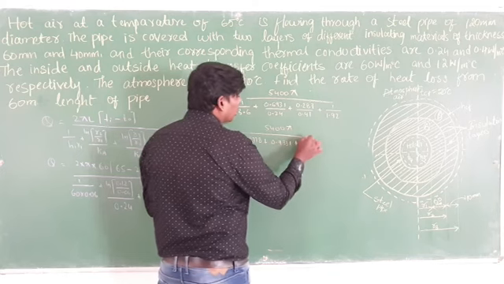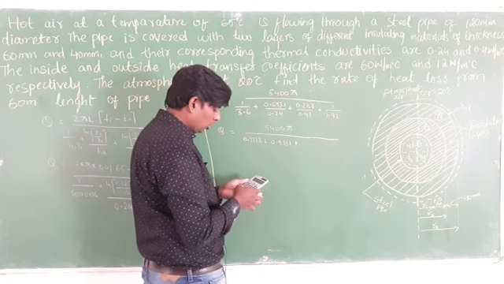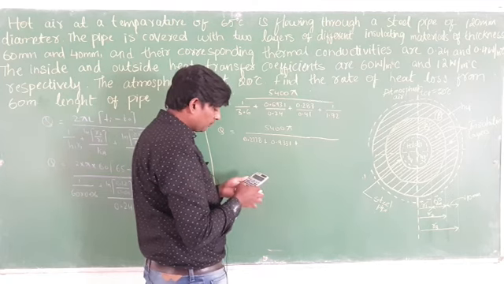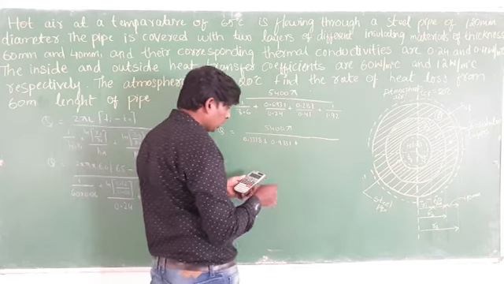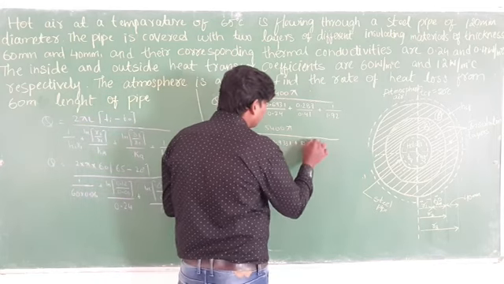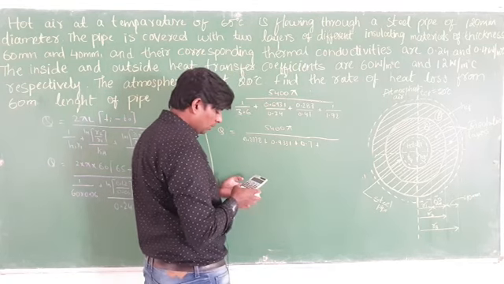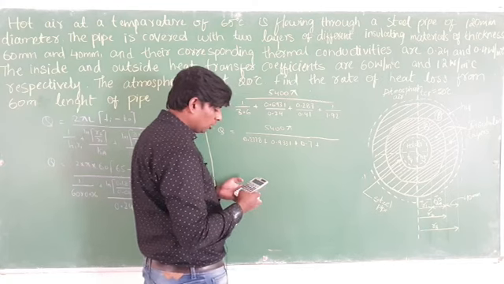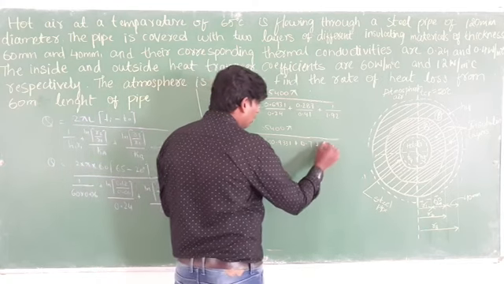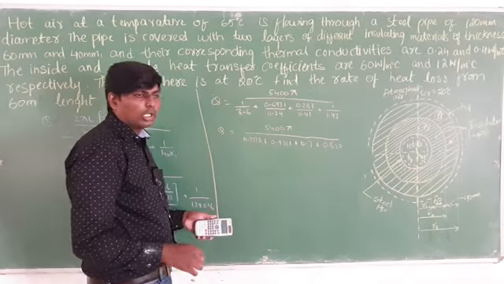0.9331 plus, next value is how much? 0.287 divided by 0.41. How much will you get? 0.7 plus 1 divided by 1.92. 1 divided by 1.92, so here you will get 0.520.